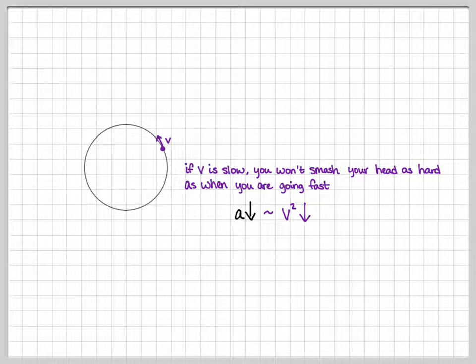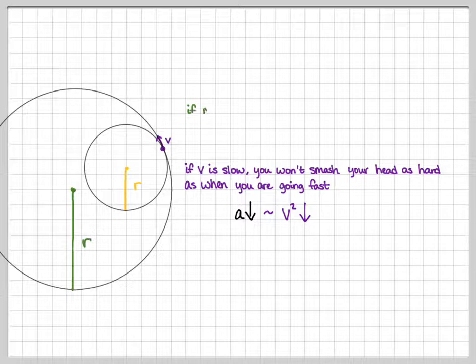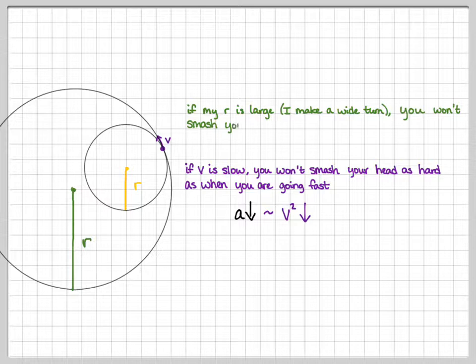Another thing that affects centripetal acceleration is how big your circle is. So before my circle was small, now I'm looking at a big circle. So if I increase my radius, if I turn really wide, like you're not supposed to do, that curve is gentler. You don't experience as much acceleration there.